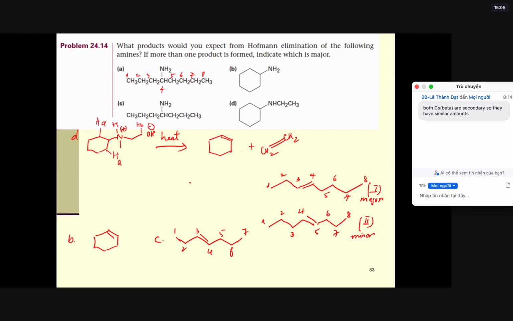So which one should be the major? Ethylene. So they will go this way, right? So this one should be the major one. And this one should be the minor one, okay? Right, so we should go this way.